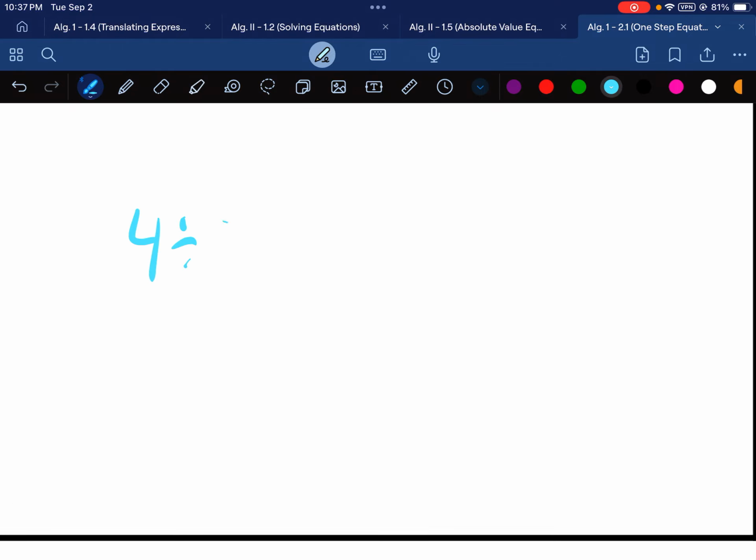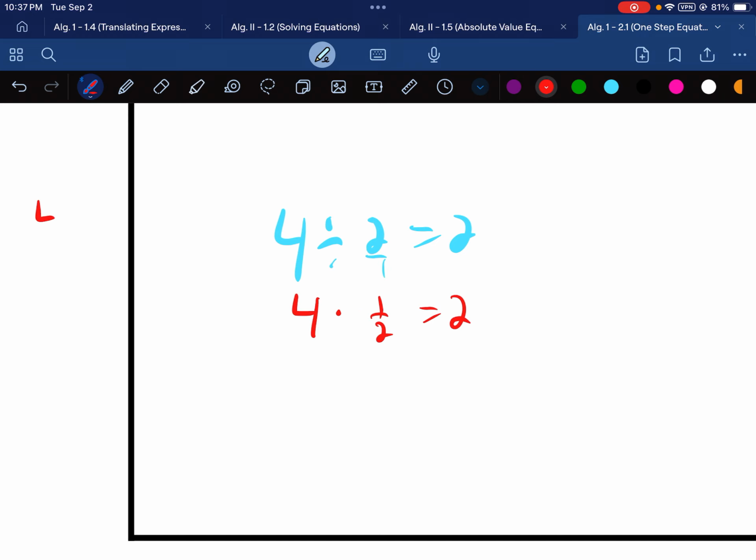To showcase that as well, if I were to take 4 and I divide by 2, I get 2. If I were to take 4 and divide by 1/2, multiply by the reciprocal, the reciprocal of 2 is secretly 1/2, we also end up getting 2.